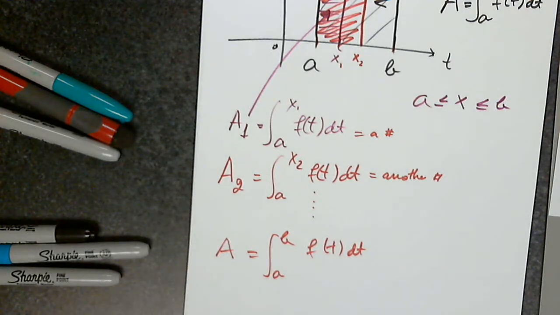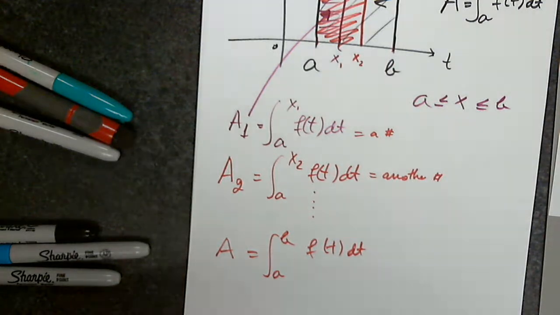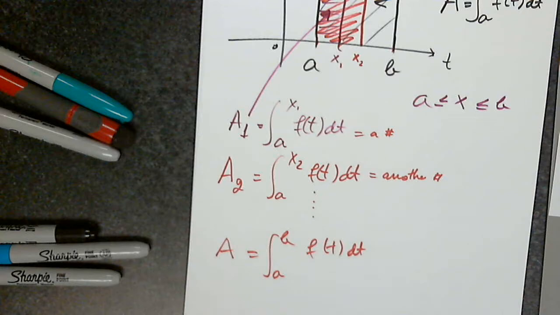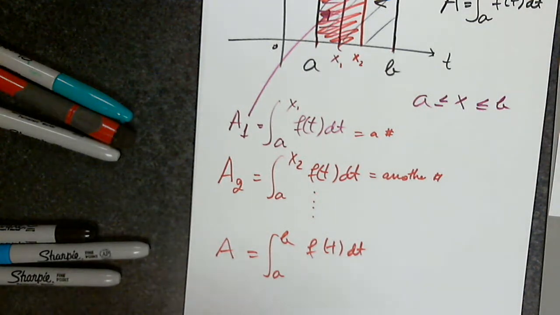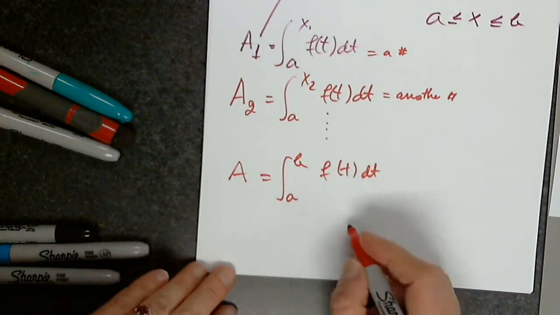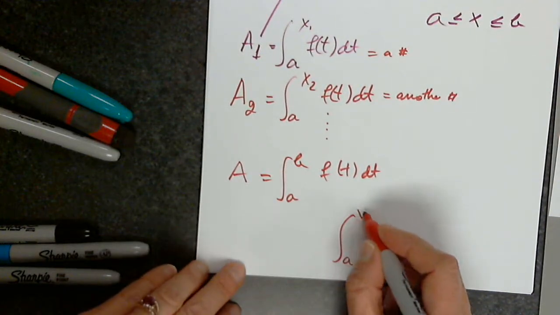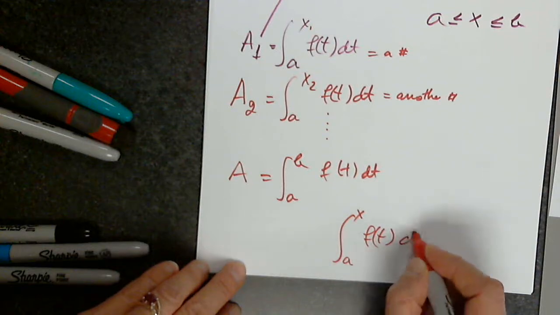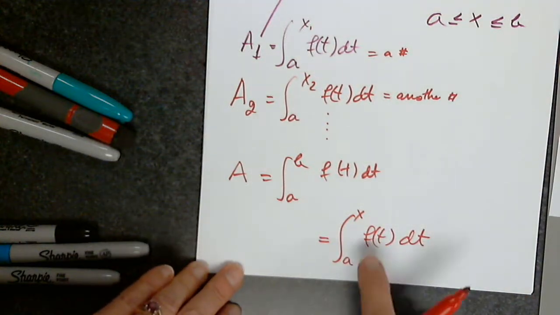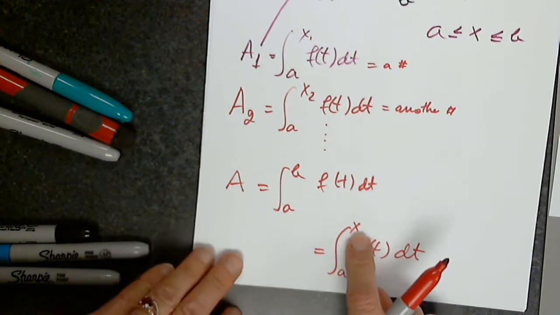What am I creating? If for each x value between a and b, I get a different output, what am I creating? Every time I put in an x and I get a different y value, what am I producing? Exactly, I am producing a function. So the integral from a to x of f of t dt depends on x.